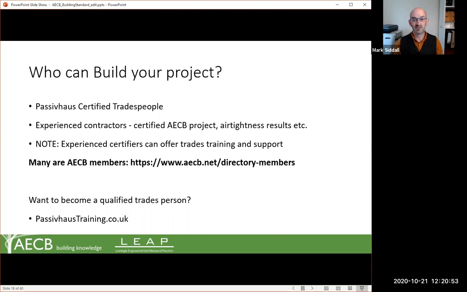Experienced certifiers can also train the tradespeople for a specific project, though that tends to work better on a larger scale project rather than a small one. Again, if you are interested in becoming a qualified tradesperson, becoming a certified Passivhaus tradesperson is the way, so go to passivhaustraining.co.uk.